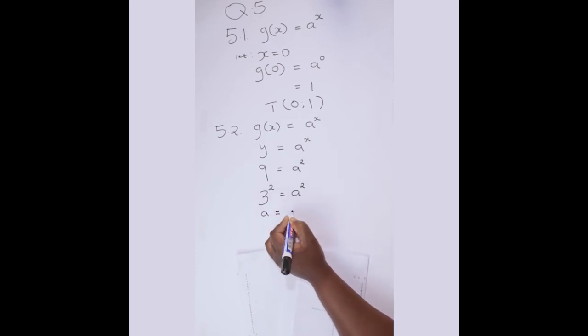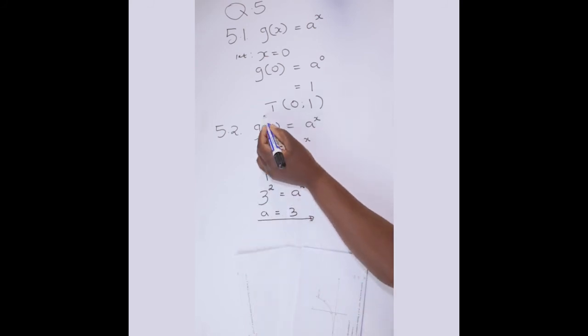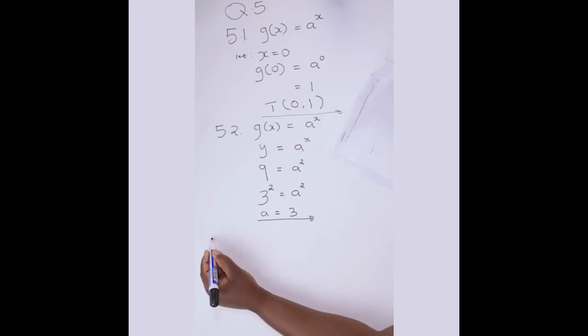So a is equal to 3, and we are done with that question. You see how simple this can be, but they can try to trick you by starting off asking something else and only after that asking for a. So you think it's not possible, but it is. Okay, folks, let's go to 5.3.